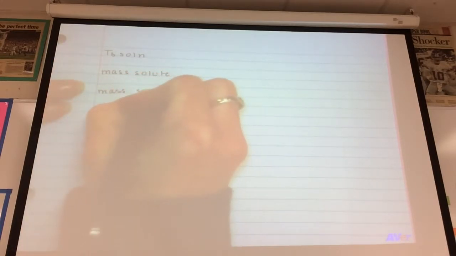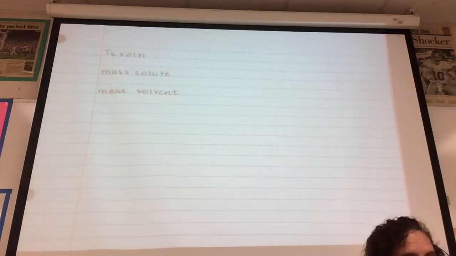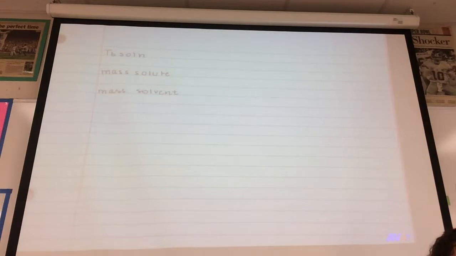So in these problems, you will be given information about the boiling point, the mass of the solute, and the mass of the solvent. And you will be asked to determine the molar or the molecular mass of the solute.